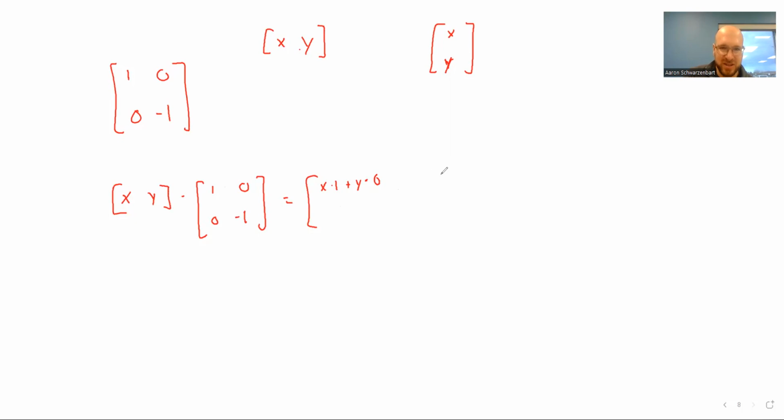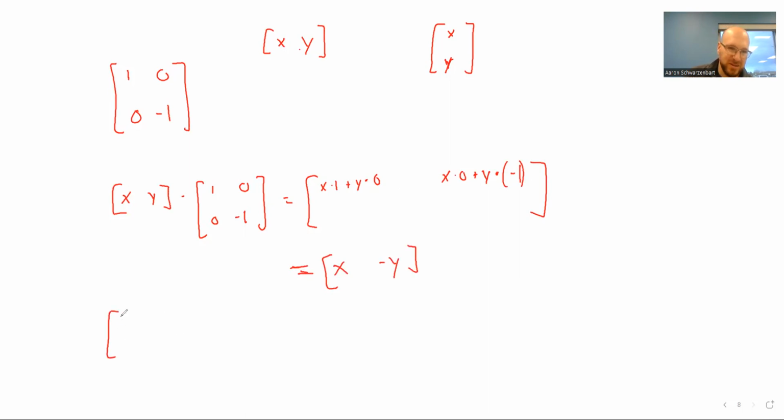Now I do row 1 times column 2, x times 0 plus y times -1. And that equals x, is all that's left, that's the first one, -y.